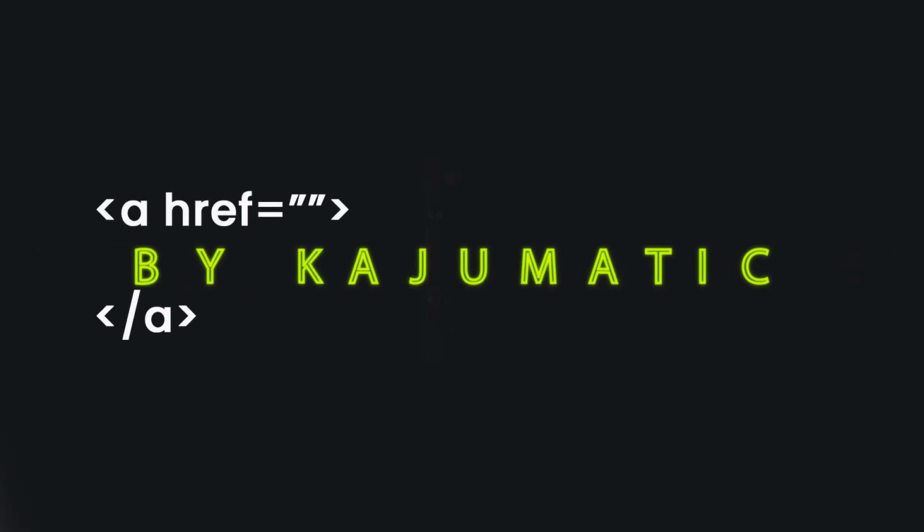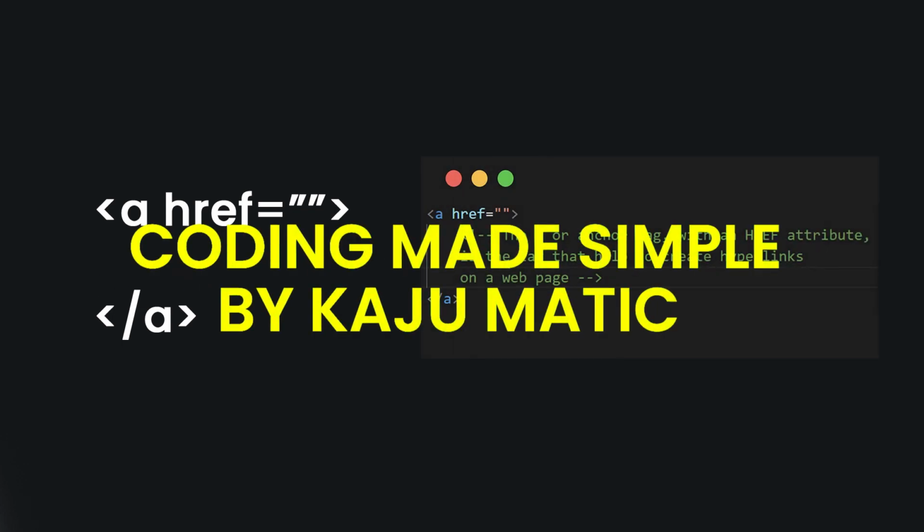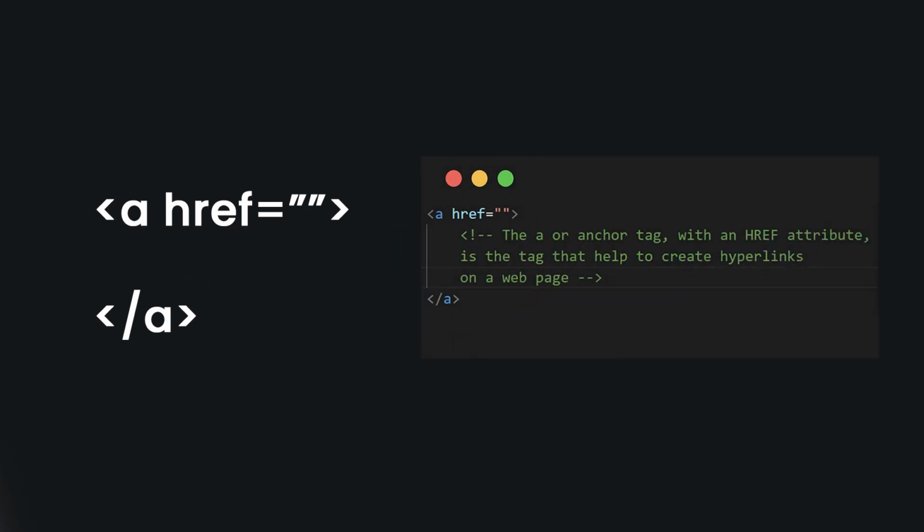And in order for us to link to those pages or texts or sections, we need to use a tag called the anchor tag. So the anchor tag is always followed by an href attribute, and this is the tag that will help us to create what we call hyperlinks on a web page.